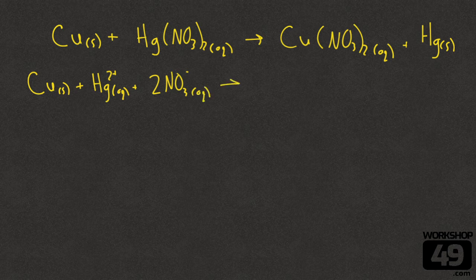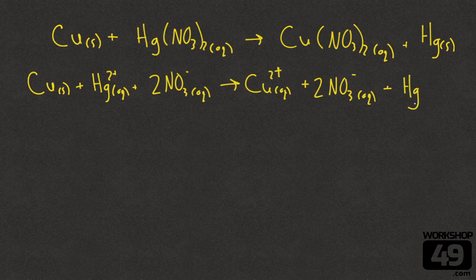Hopefully you can see where this is going, because once again we are going to end up with a spectator ion that we are going to cancel. In this case, our spectator ion is going to be this nitrate.